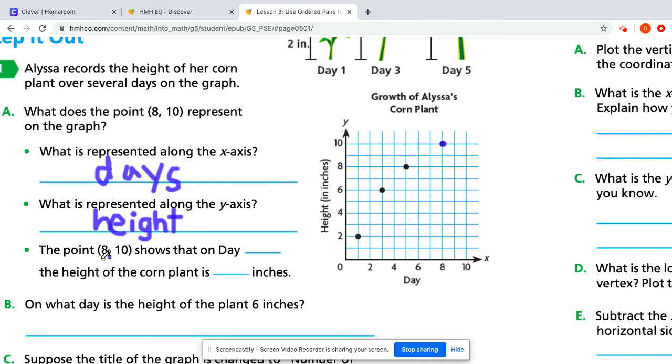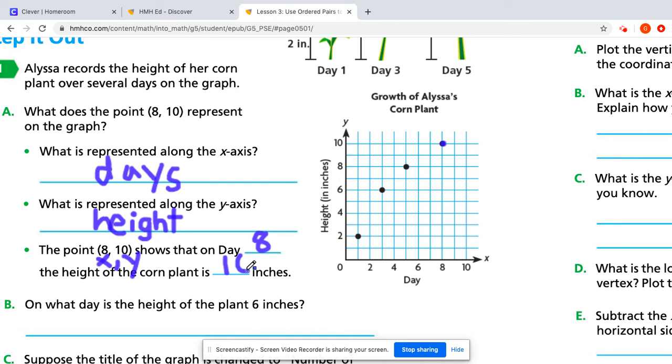This x comes first, remember, x and then y. That means the point (8, 10) shows that on day 8, the height of the corn plant is 10 inches.